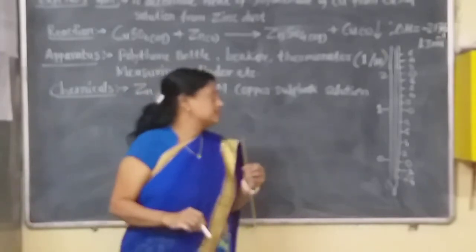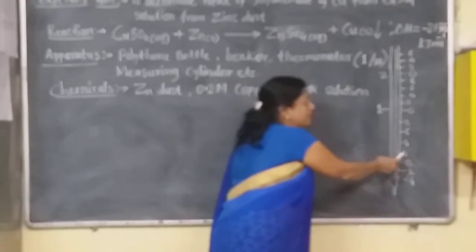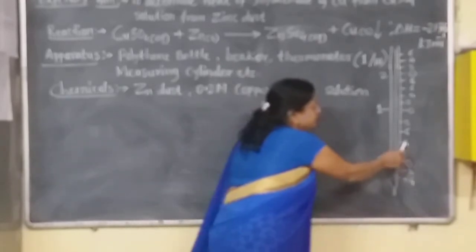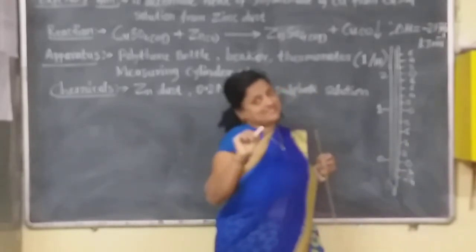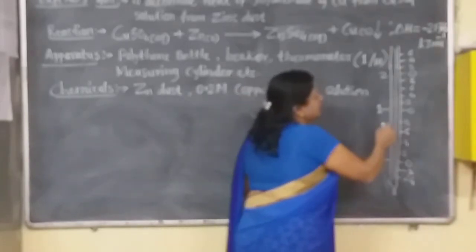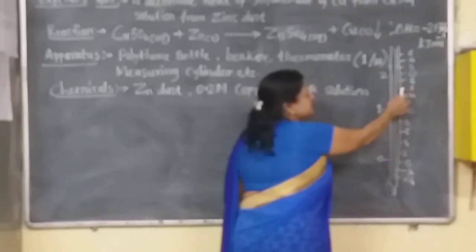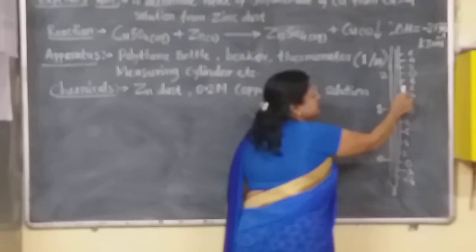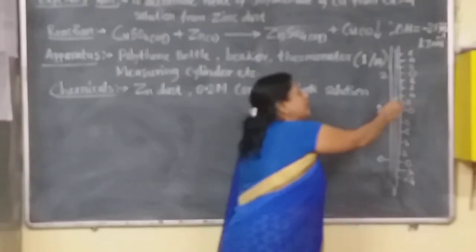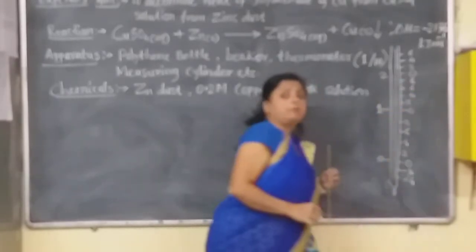See students, in between these 2 and 4, or any 2 digits, there are 10 lines. Suppose 6 and 8 have 10 lines between them. Again 4 and 6 have 10 lines.